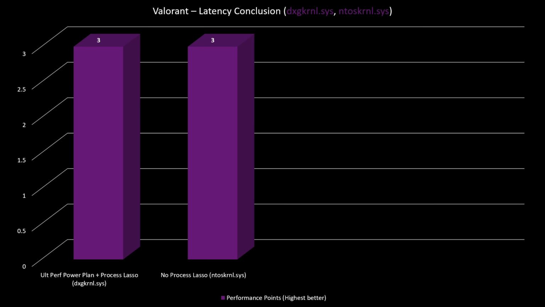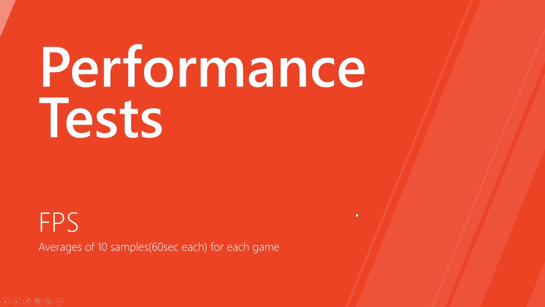But at this moment, I only have this tool to use. Latency monitor is not so helpful for my tests. Anyways, I just wanted to mention that. So, the best option, in my opinion, for Valorant is to use this if you want lower numbers for DirectX kernel. Now let's move on to the FPS part.